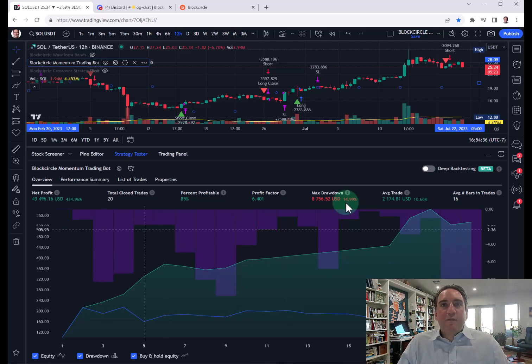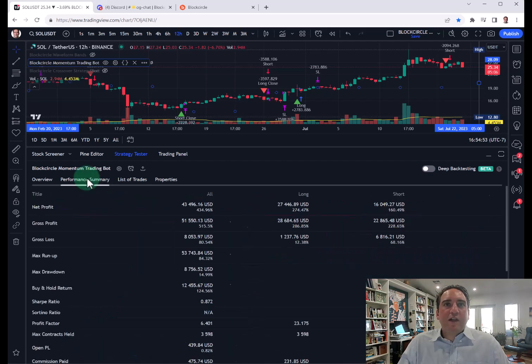And you can see that displayed in the purple bar here, on this y-axis, that is the actual displayed max drawdown. And I think that's very good.